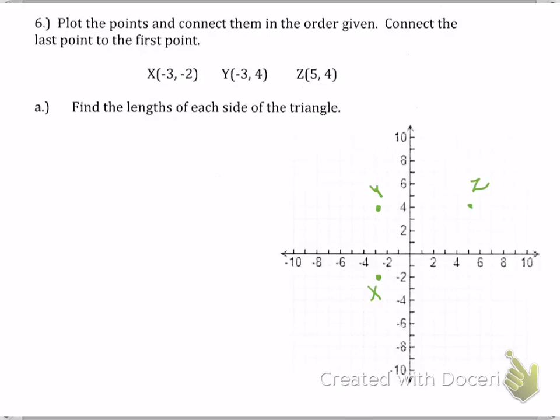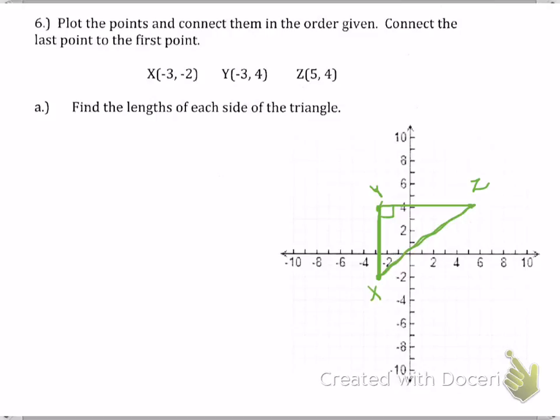Now, if we had plotted 3 points and not formed a right triangle, we would not be able to use the Pythagorean theorem. But because we are finding the length of a missing side in a right triangle with a right angle at point y, we can use the Pythagorean theorem.